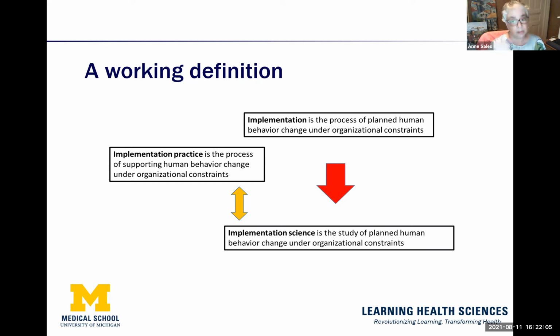I'll be talking more about these elements as I talk through the example in these slides. And finally, there is also implementation practice, which can be thought of as quality improvement, where using the tools developed through implementation science and implementation research, we engage in the process of planning and supporting human behavior change under organizational constraints.